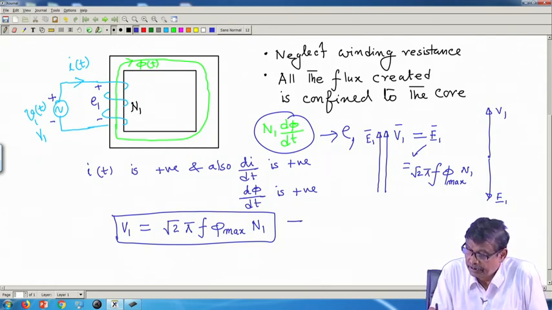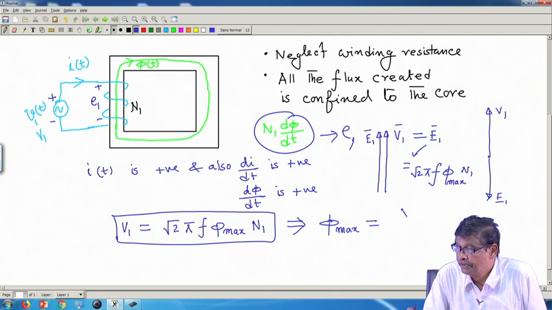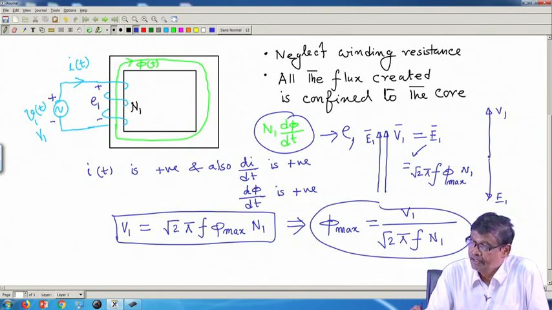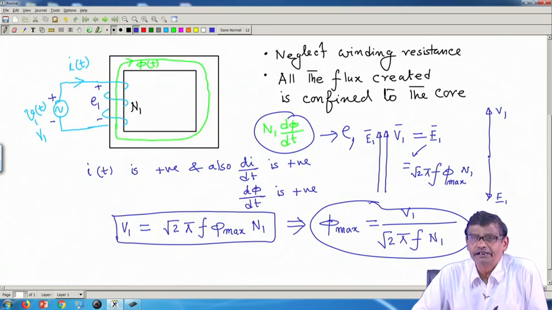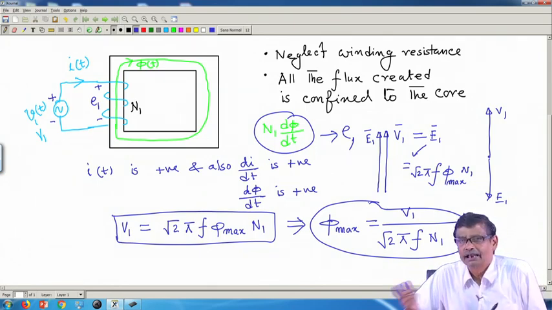This equation implies, and this is a most important statement, that phi max is equal to V 1 by root 2 pi f into N 1. In other words, in case of a DC circuit excited with DC current, Ni is known, then calculate flux.